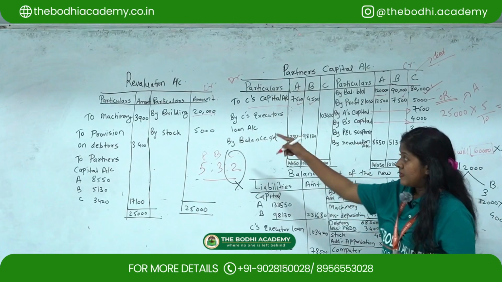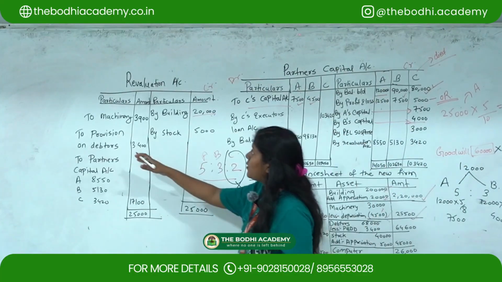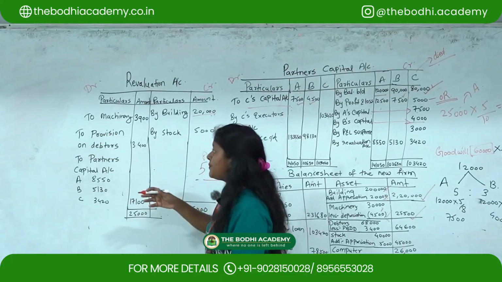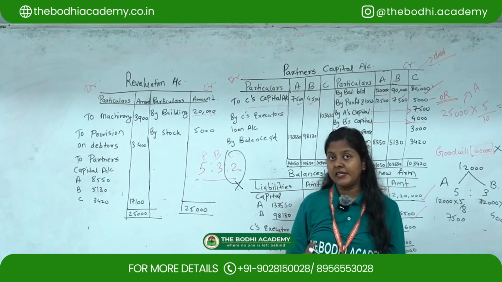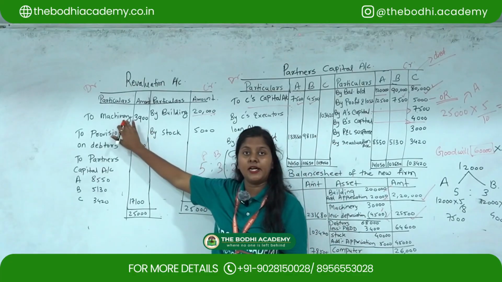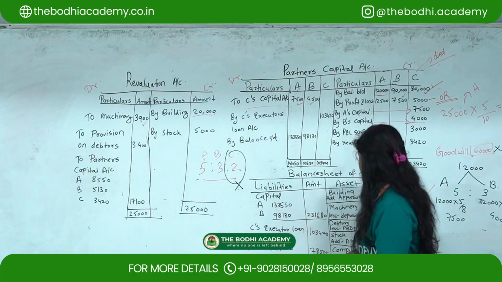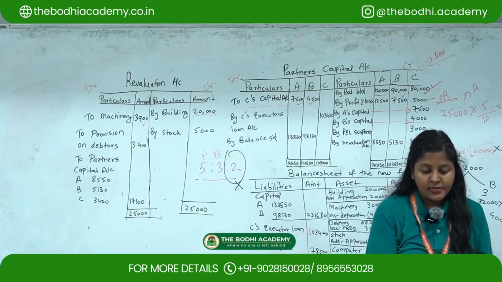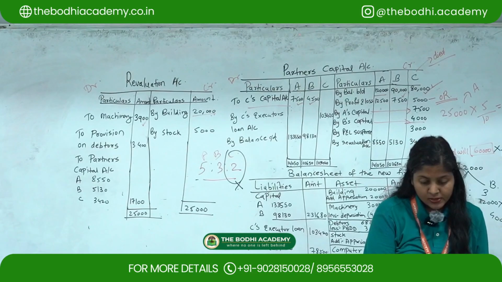Next, since the value of the machinery is going down, you have to write it on the debit side of the revaluation account. As per the rule, if the value of an asset decreases, then we show it on the debit side of the revaluation account.